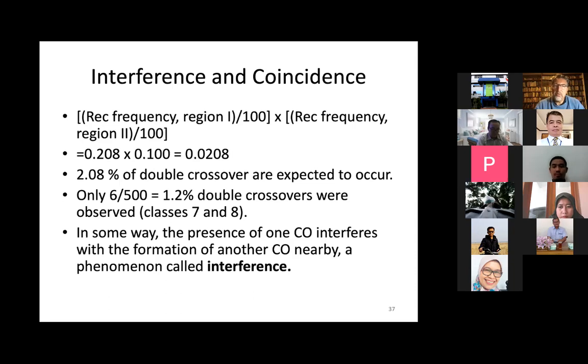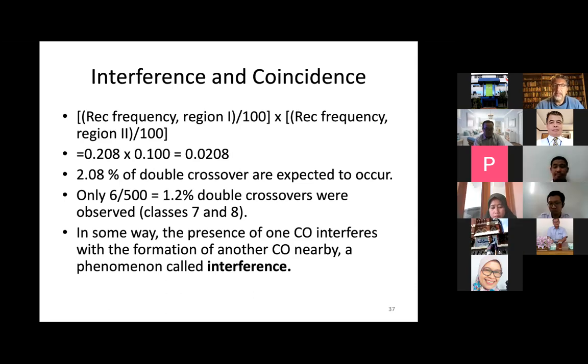So 0.208 times 0.1 is 0.0208, which would be equal to 2.08% of double crossover being expected to occur. Okay, how much did we get with this data? We only got 6. The 2 classes were 4 and 2. So let's go back.